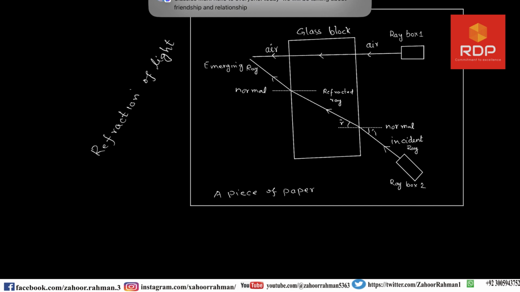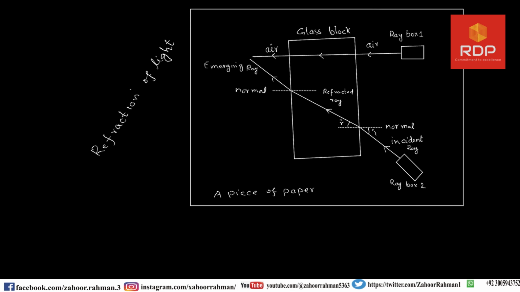So here you can see that the angle of incidence is greater and the angle of refraction is smaller. So when it is emerging out, then again the emerging angle will be larger than the incident angle.